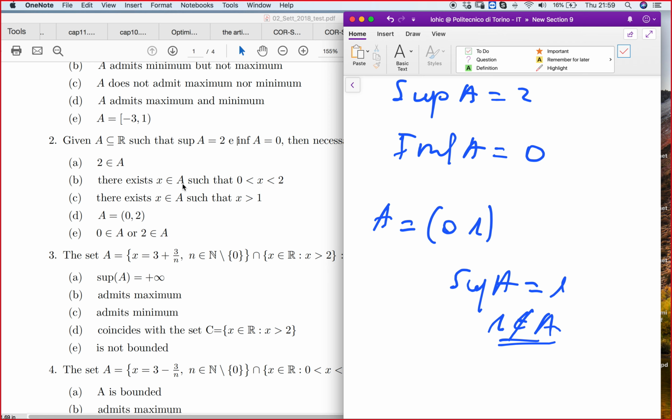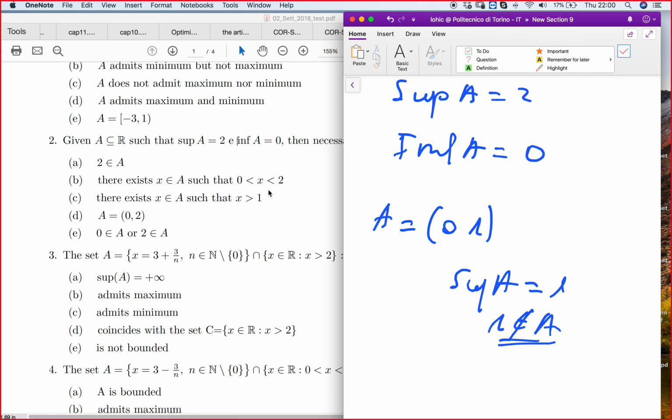There exists x belonging to A such that x stands between 0 and 2. Okay, for sure, because if 2 is the supremum, if there wasn't this x, it would mean that 2 is not the supremum. If there is not something in the set that is smaller than 2, then 2 is not the supremum, because 2 is the smallest majorant.